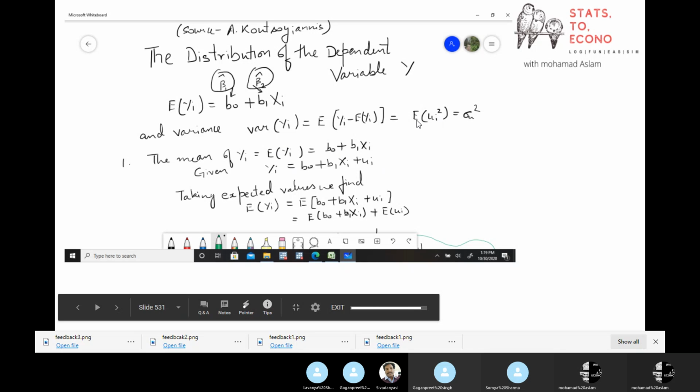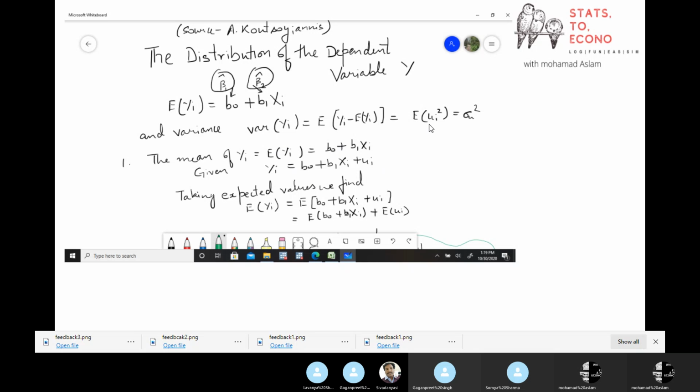And we are saying that the expected value of the residual square is equal to the variance of the residuals.